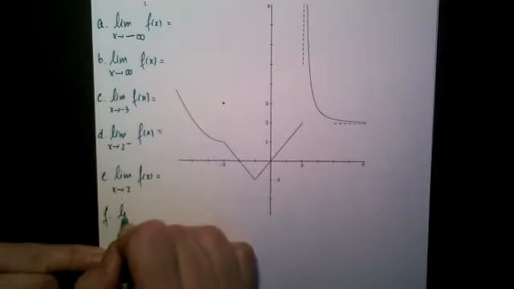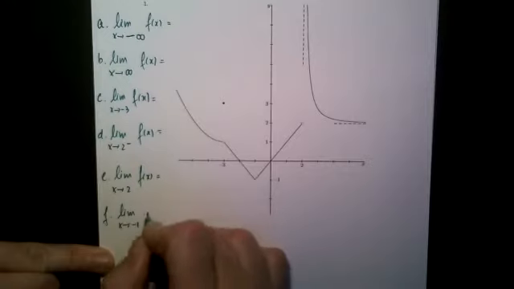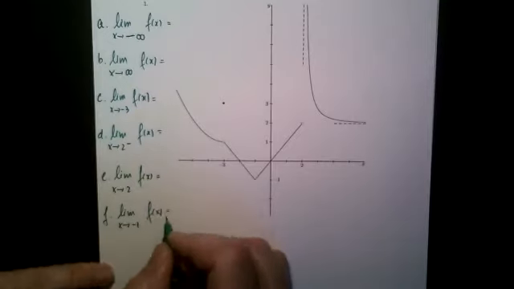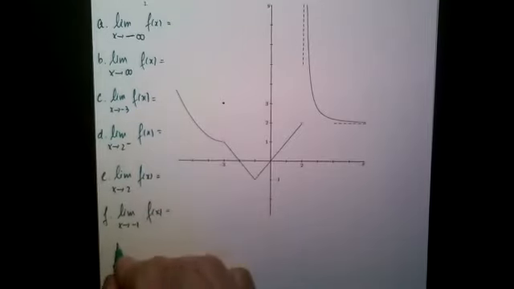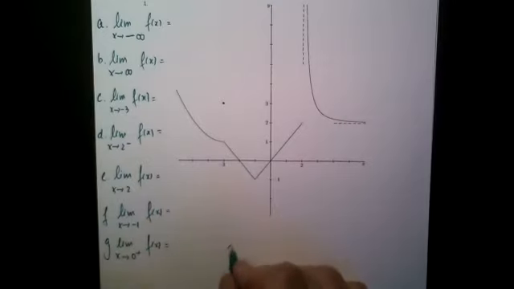F, limit as x approaches -1. G, limit as x approaches 0 from the right. H, I want f of -3.